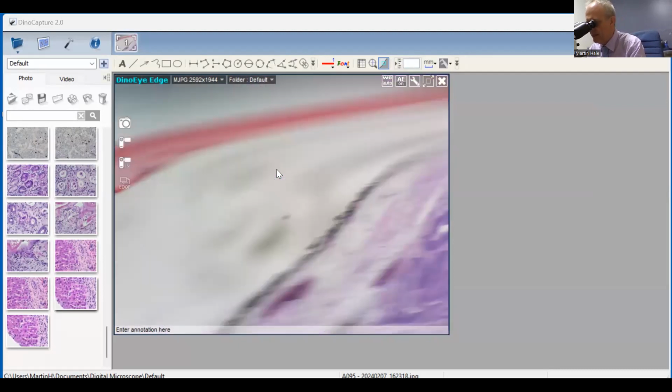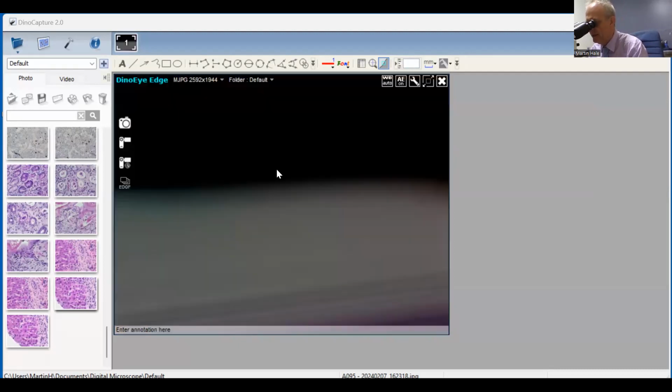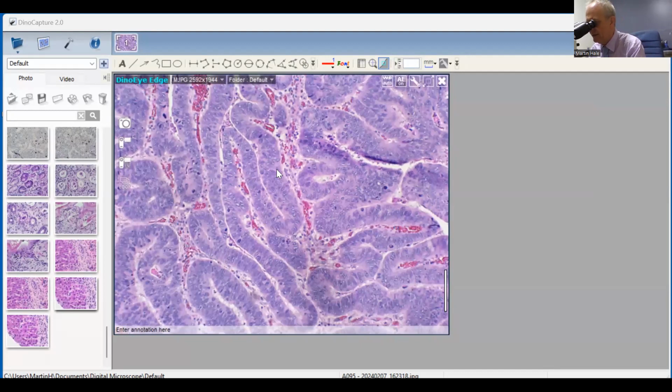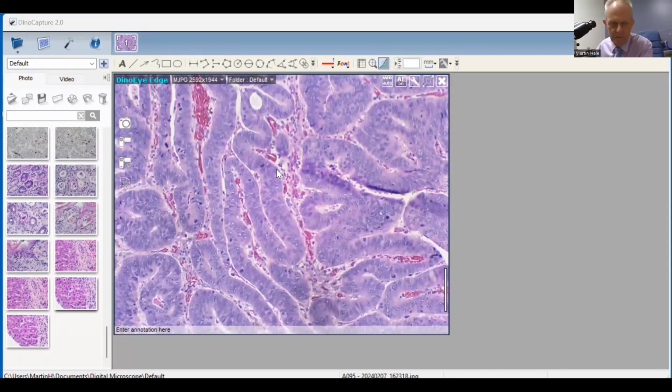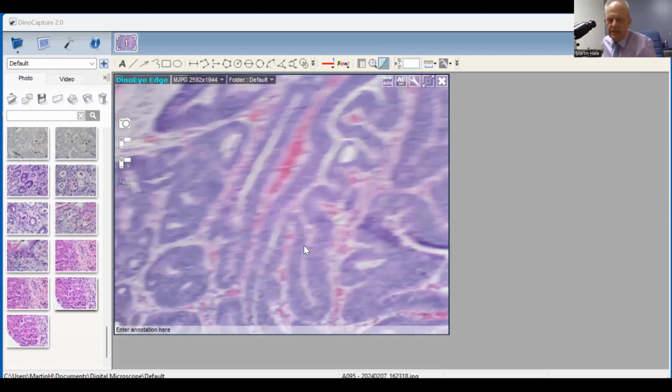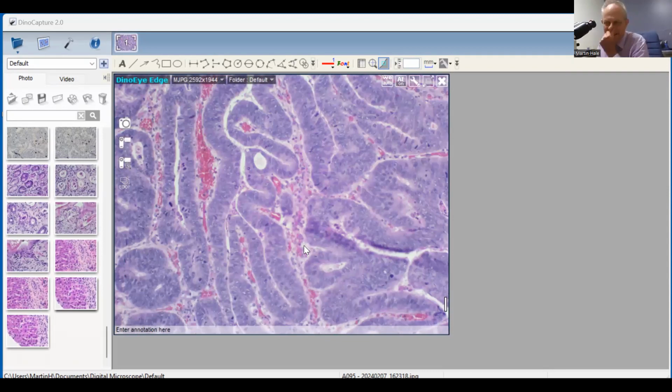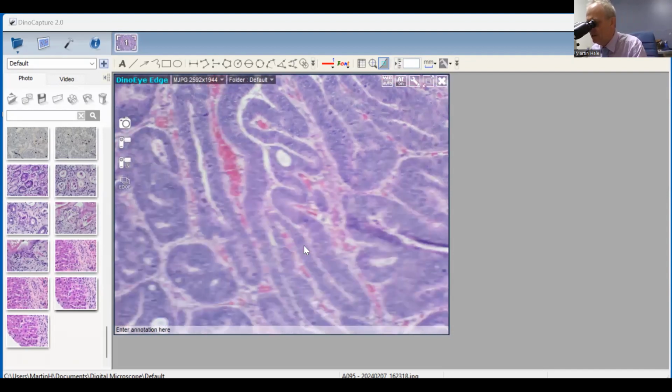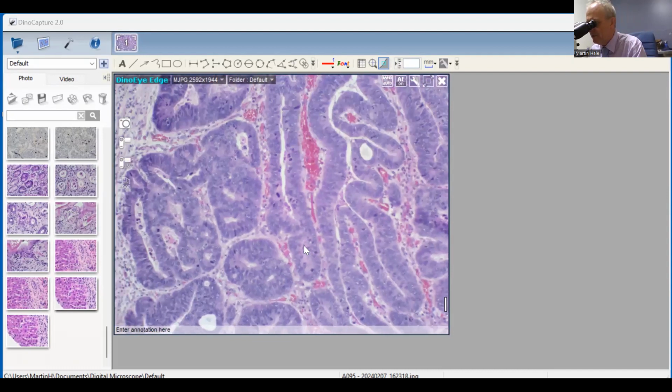And you can see that it appears relatively regular, but it is also irregular. So if you look, for example, at this area here, you see typical cribriform appearance. Now, some people may say, well, that's just a bulky adenocarcinoma in situ. And you'd be hard pressed to disagree with that approach.